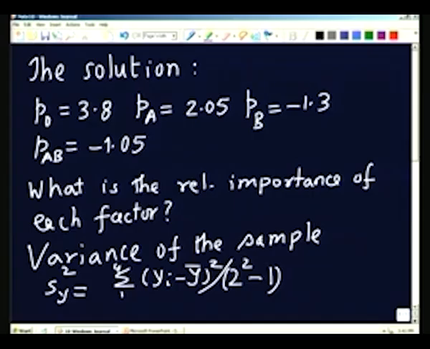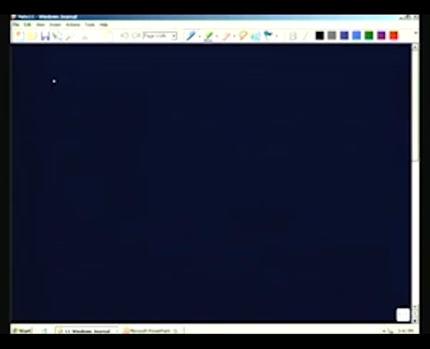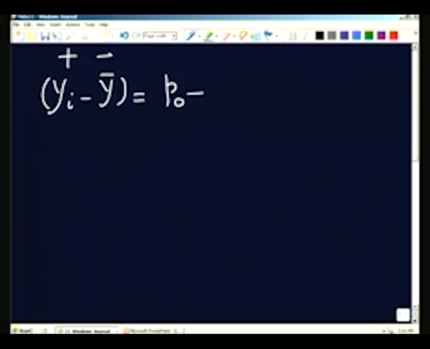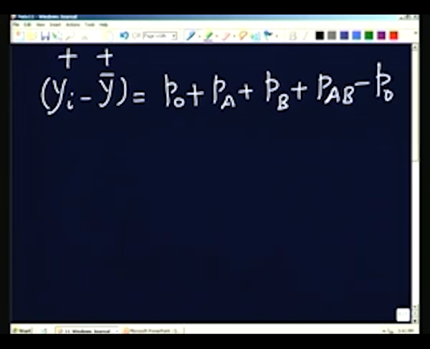I can take one of them and see what is happening. So, yi minus y bar is nothing but, for example, if I take plus plus, that means both high values, that will be P naught plus PA plus PB plus PAB minus P naught, because that is the mean value.